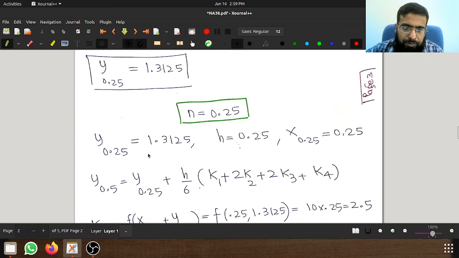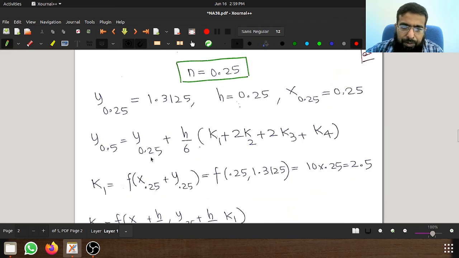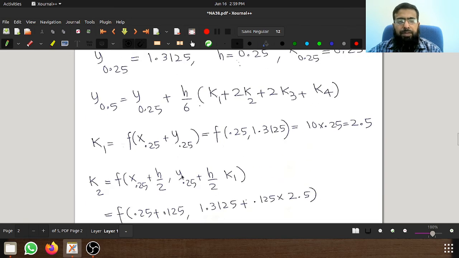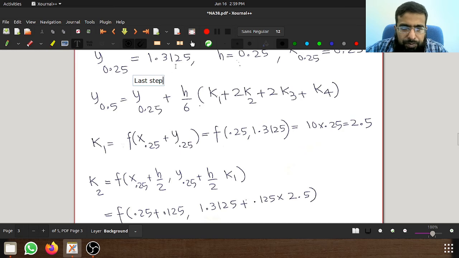So x is 0.25, y is 1.3125, which we have just calculated, and now we plug the same things in this formula, and y of 0.5 is y of 0.25 plus h by 6 times this. We know h, and we know y of 0.25, which was computed in the last step, that is 1.3125. We'll plug that here and we'll calculate these k's again.